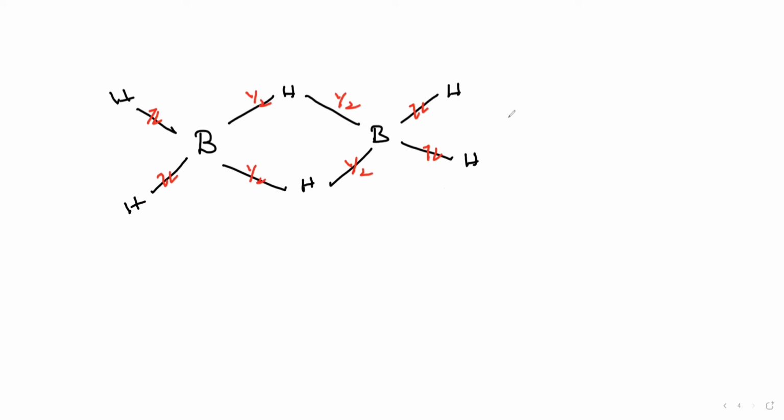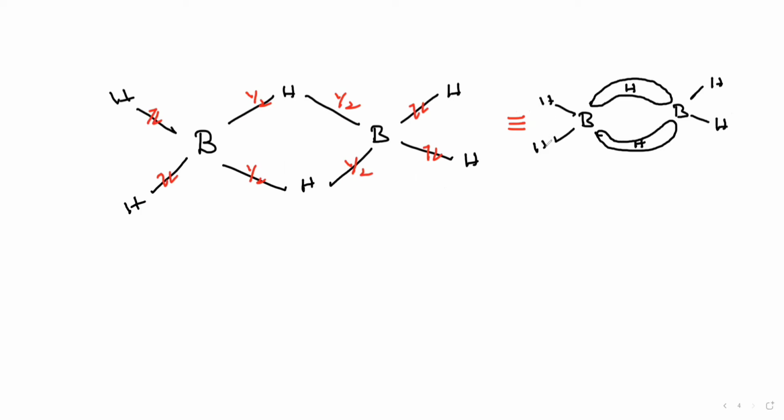Now see, this one I go and write like this also, right? See the structure. Boron, here boron. Boron and boron. Now I go and write it like this, because this hydrogen electron density delocalizes to the 2 boron atoms, right? I can draw it like this. Here hydrogen and hydrogen and hydrogen and hydrogen and hydrogen.